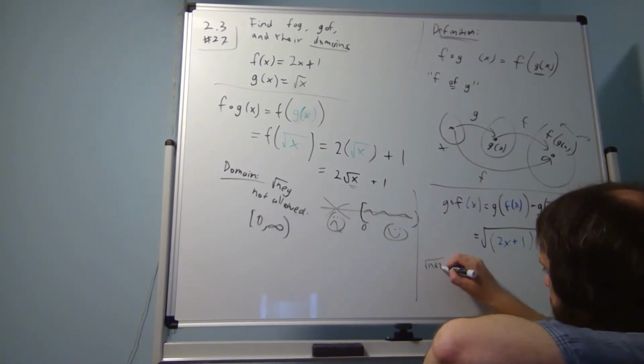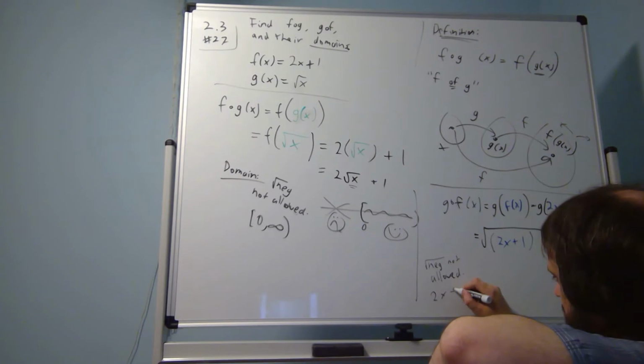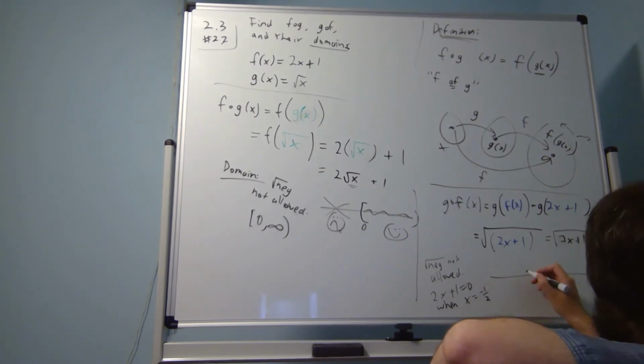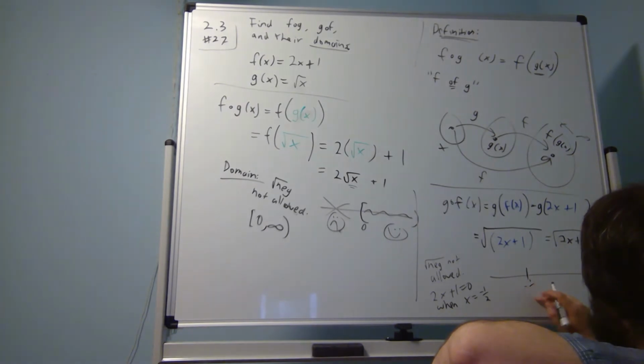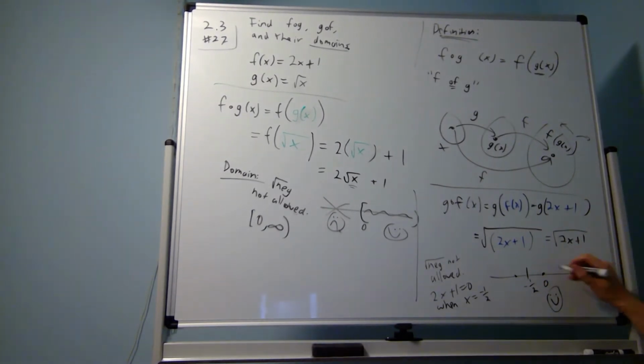Square root of a negative is not allowed. So when does 2x plus 1 equal 0? That happens when x is equal to negative 1/2. Let's take a quick look here. Negative 1/2 is right at the boundary. We have a couple of sample points here. We could plug in x equals 0 or x equals 1. You'll get a smiley face if you plug in a 0 or 1, because the square root of a positive number is real.